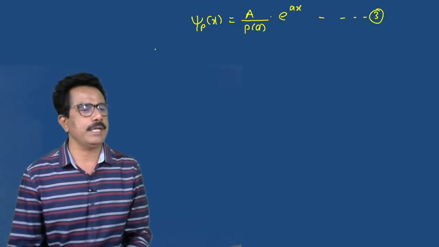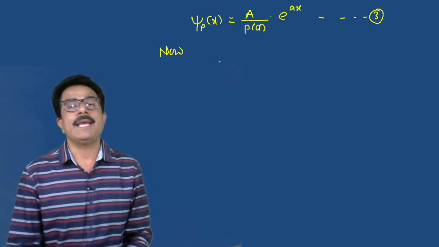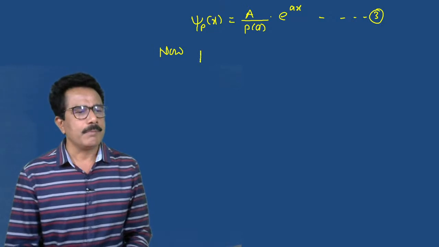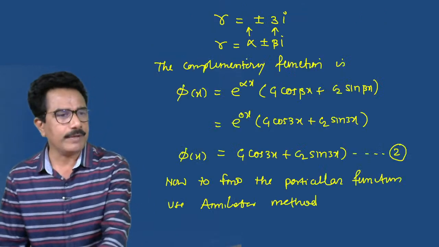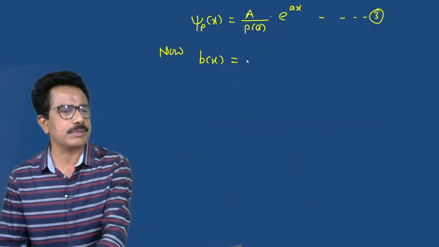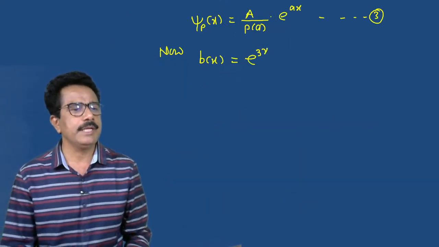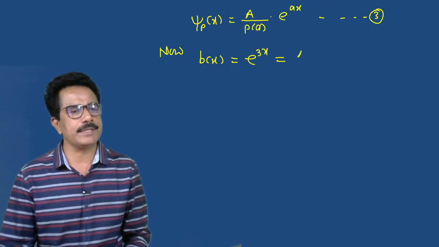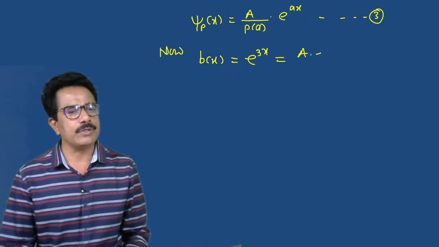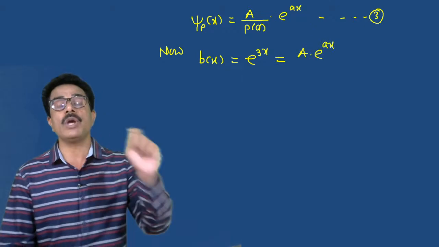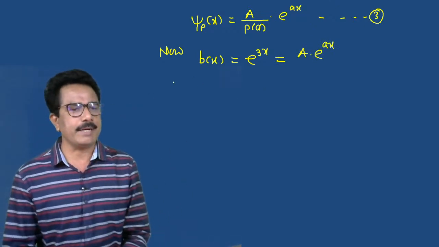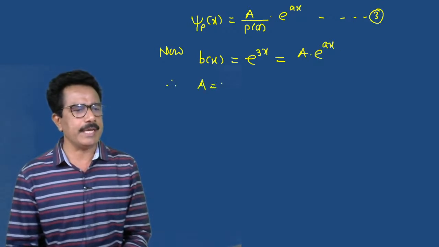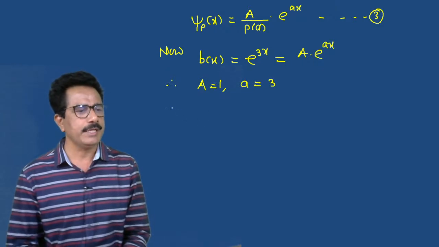Suppose this is 3. Now this is for b of x. Now what is the value of b of x, students? e raised to 3x, which is compared with A into e raised to ax. We have to compare with A into e raised to ax. Tell me, what is the value of capital A? Capital A is equal to 1, small a is equal to 3.